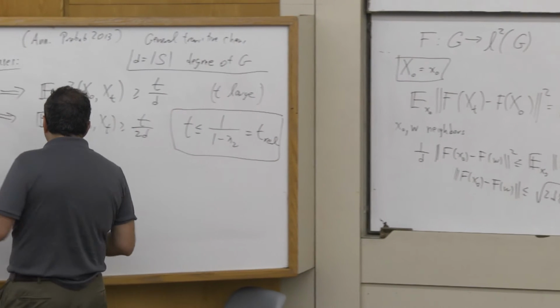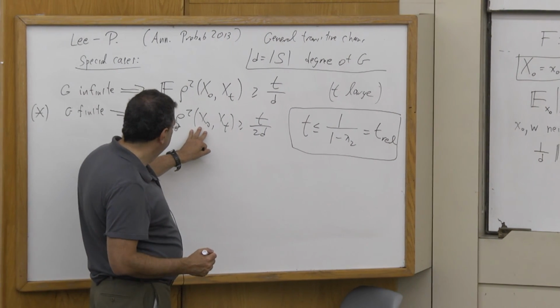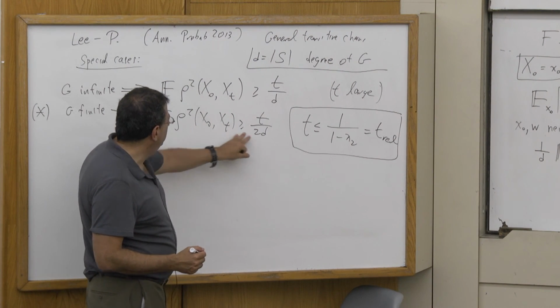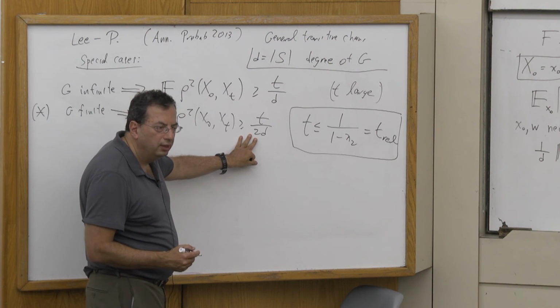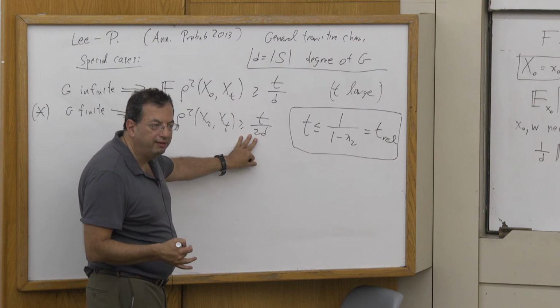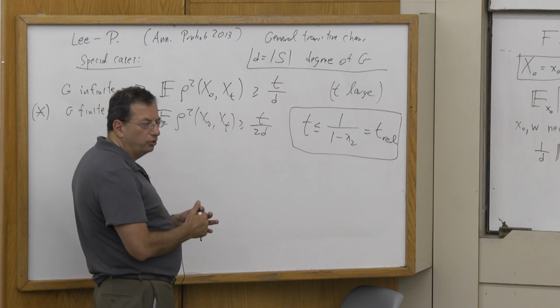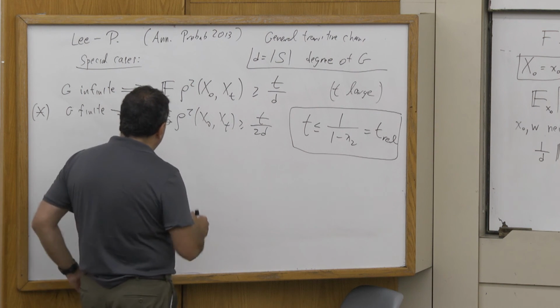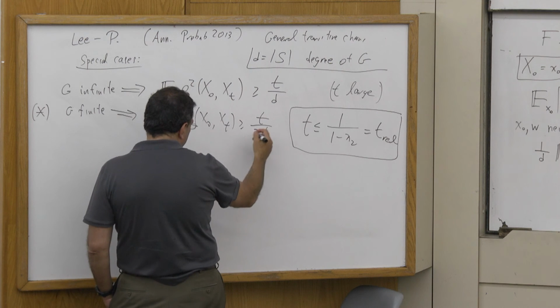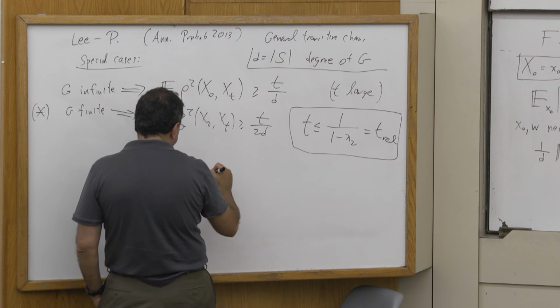follows from this star. So this is true for all t at most T-rel, but if I specialize to T-rel itself, I'm going to get an inequality that was already known. So take T, which is T-rel.